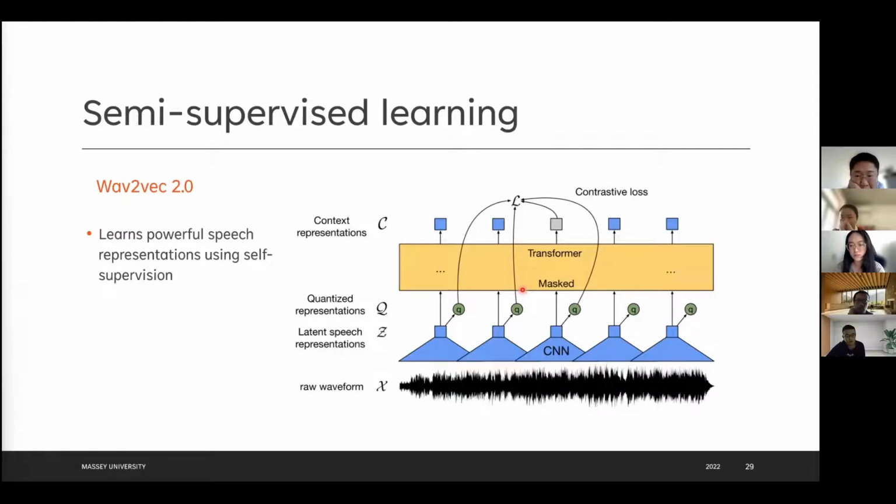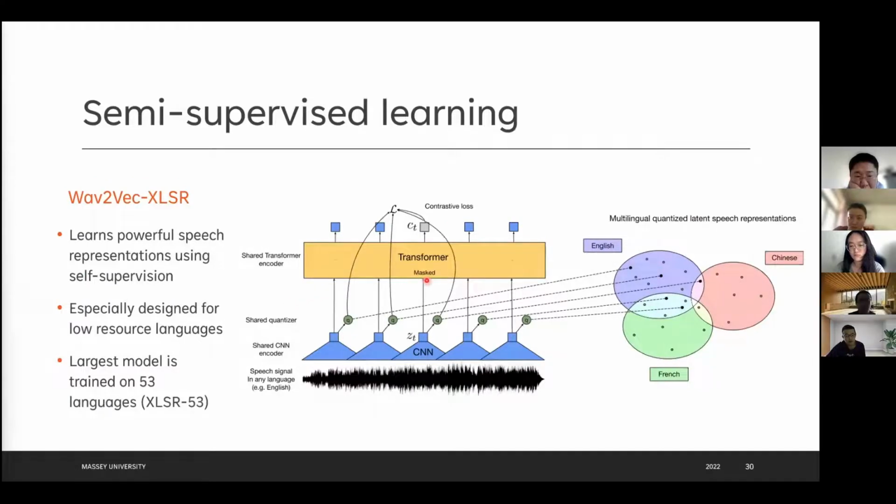Say, for example, if there is a sentence, today is dash day. On the basis of contextual representation learning, the model should acquire the knowledge of whether it should be hot, good, or whatever. So it tries to learn how to fill in the blanks using the wav2vec model, using masking.